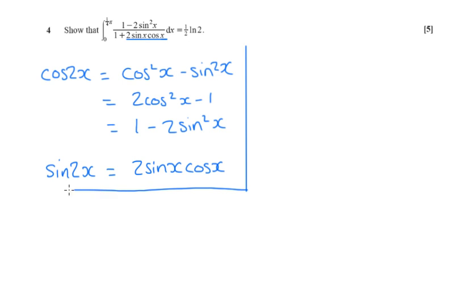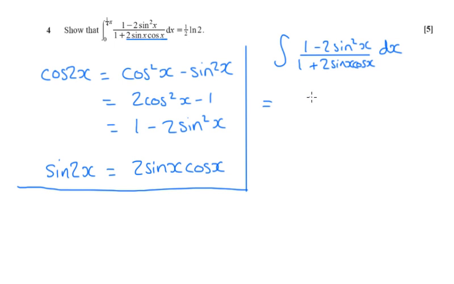So if I box this off like that, we can now go over and say, well, the integral of 1 minus 2 sine squared x over 1 plus 2 sine x cos x dx can be written as, so we've said the top is just cos 2x and the bottom is 1 plus sine 2x.